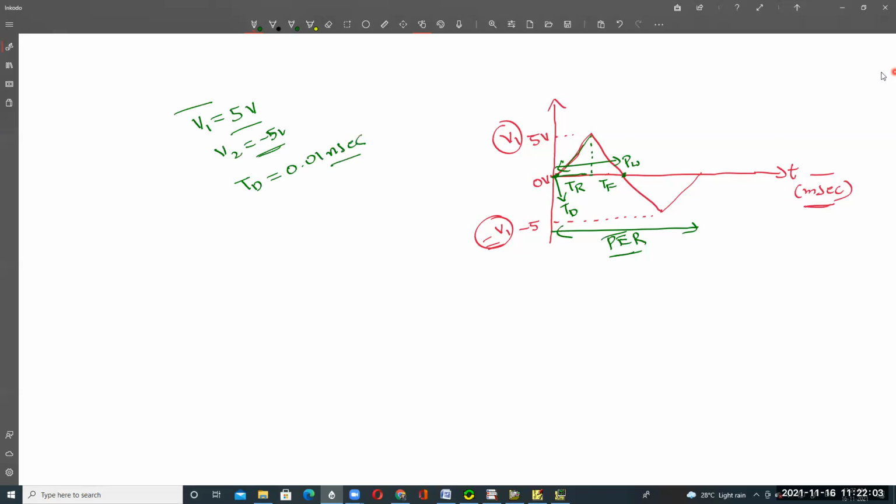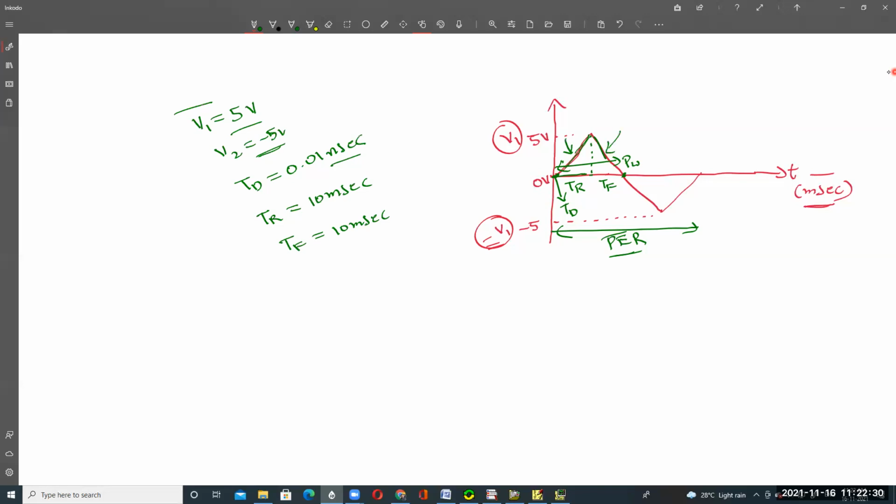Delay time must be small. Rise time is 10 milliseconds, and fall time is also 10 milliseconds, because the rise time must be equal to the fall time. Then only we'll get a proper triangular wave.